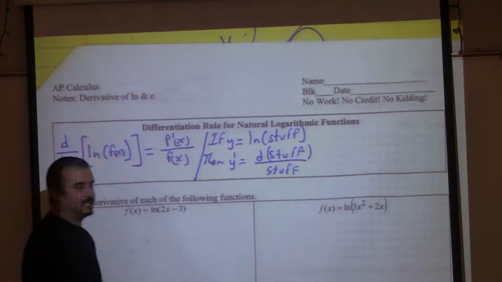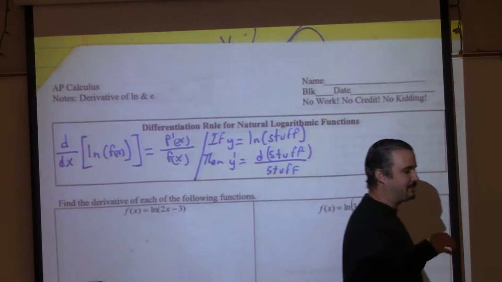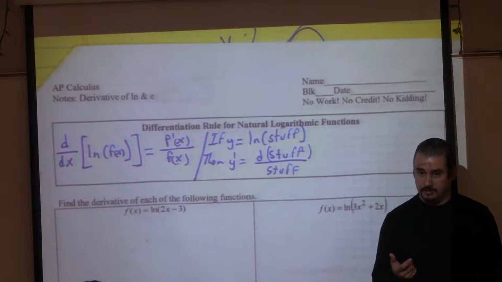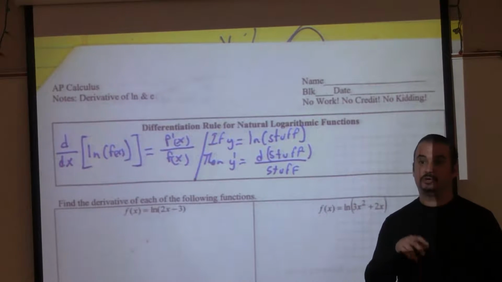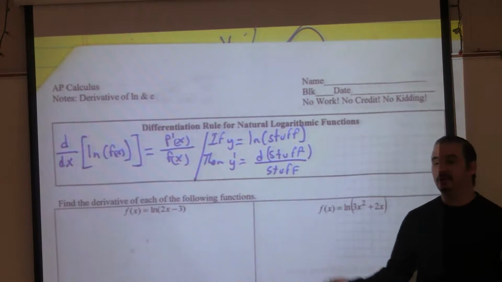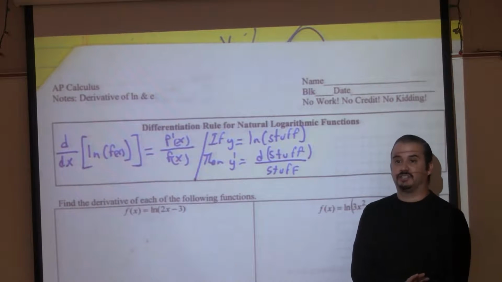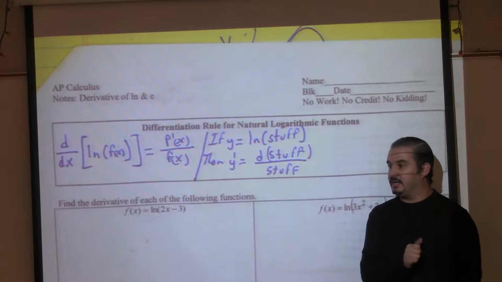Okay, now that's where it gets tricky because what if the stuff was a fraction? Right? How do we get the derivative of a fraction? Quotient rule. Imagine doing the quotient rule for that fraction on the top and then dividing it by that whole fraction on the bottom. It's going to get pretty ugly, right?